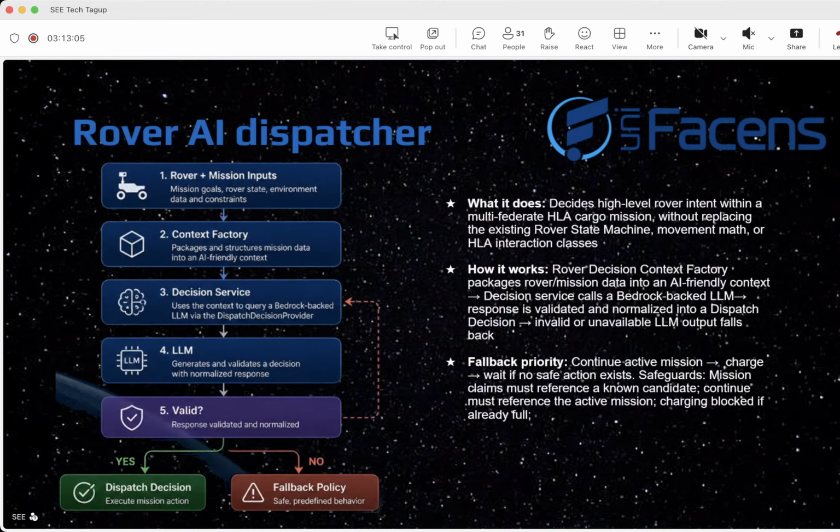So overall, the dispatcher allows the rover to behave in a more adaptive, intelligent, and robust way, while still maintaining full control and safety. For example, if the rover has low battery but is doing a mission at the same time, it can decide whether to finish the mission or to go recharge first. Next slide.